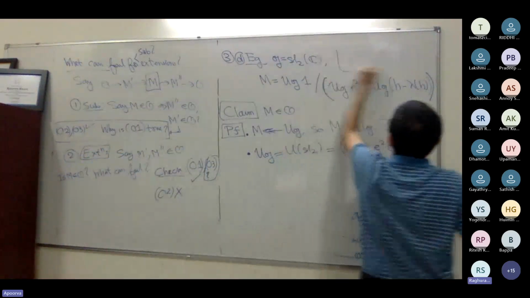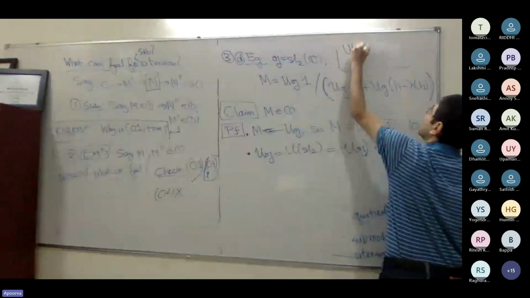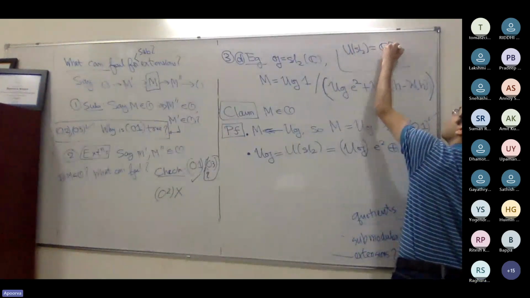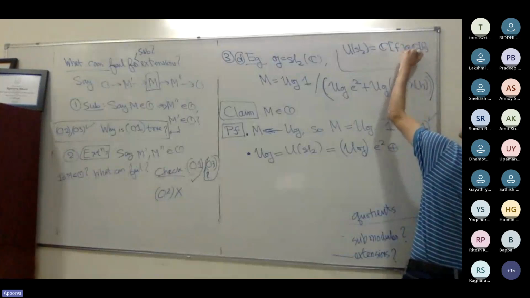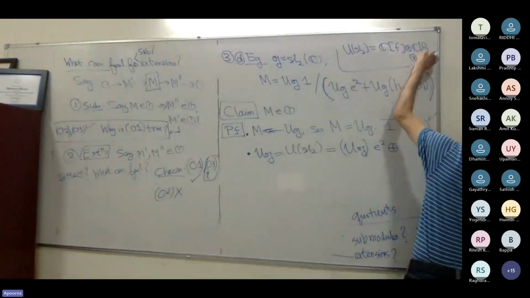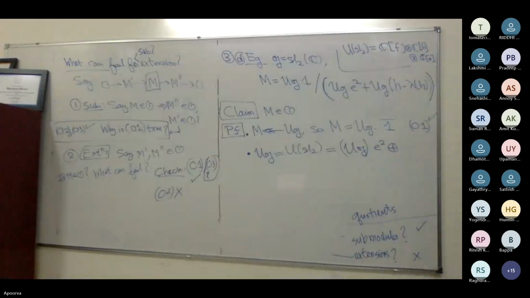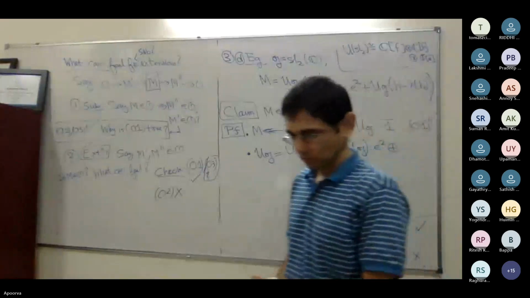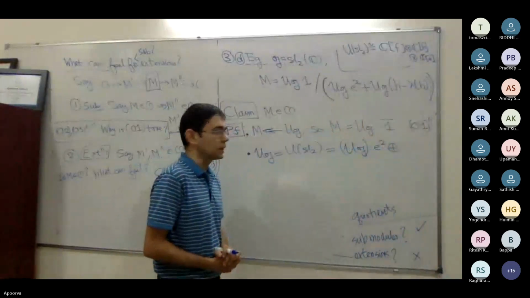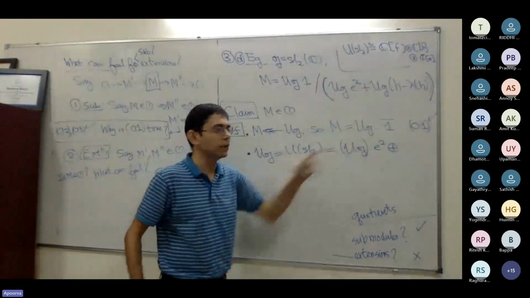Again, same. Let me write this down just so you know. This is U n minus, this is U h, this is U n plus. So what remains after I take out the E squared part?